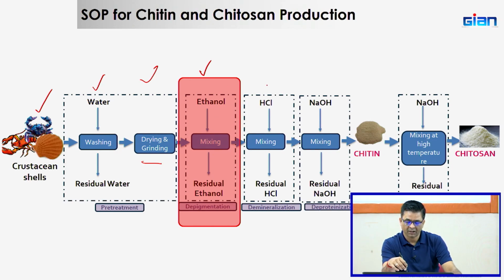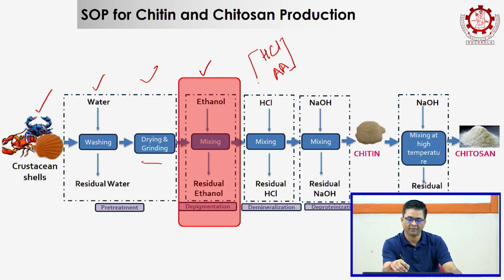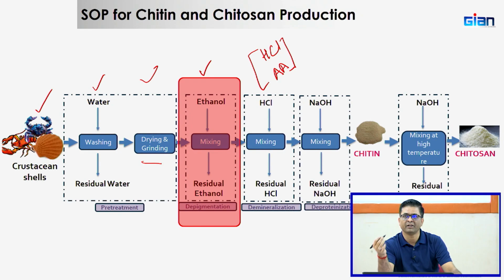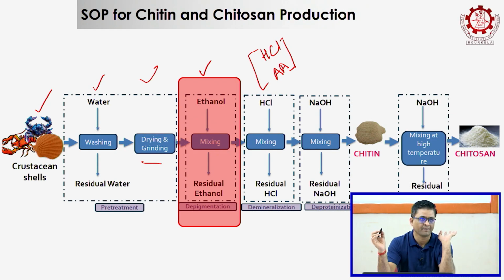Then what was done: you dissolved in hydrochloric acid, and what other acid was used? Acetic acid. How many of you have added an egg directly to vinegar? If you add a whole egg into vinegar and leave it for 24 hours, you will see the shell is gone, because the shell contains calcium carbonate.